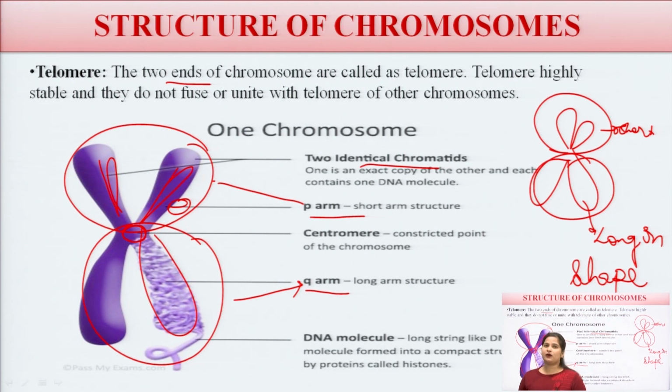Here is present the DNA, a long thread-like DNA molecule formed into a compact structure by proteins called histones. So, the histone proteins further organize the DNA molecules. This is the structure of the chromosome, right.